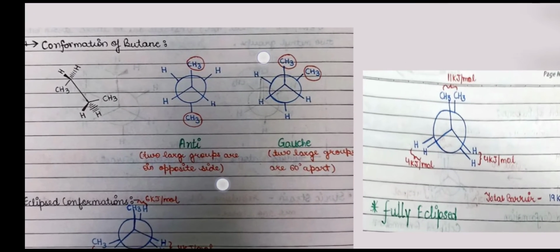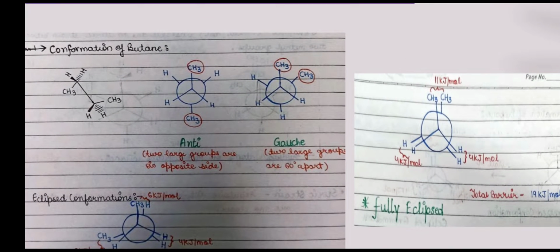In the first one, the CH3 group is in front, and one H atom shown by dashed lines is going inside the plane, whereas the one H shown by a dark line is coming out of the plane. Similarly, that is the case with the back carbon as well.